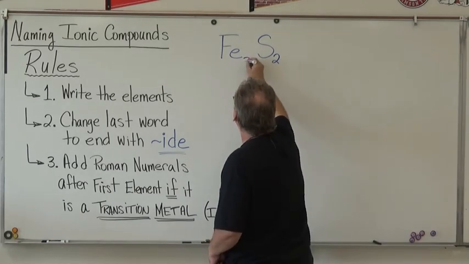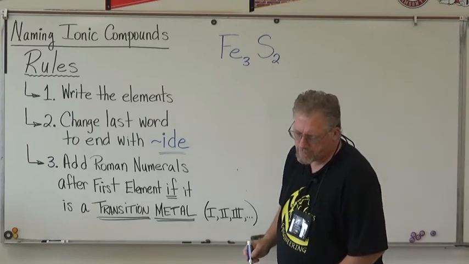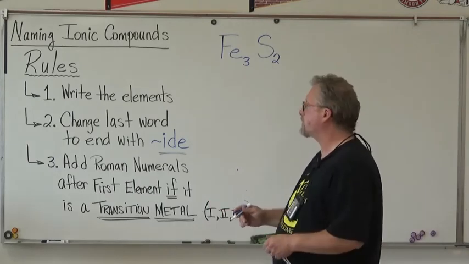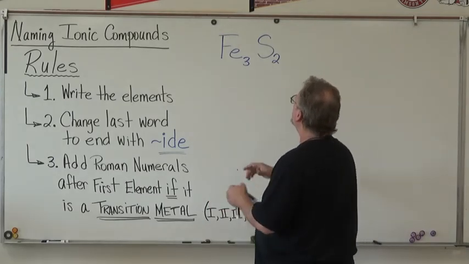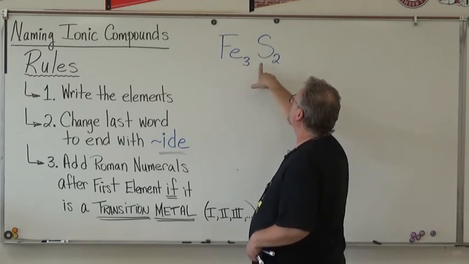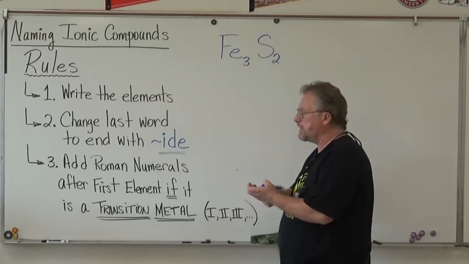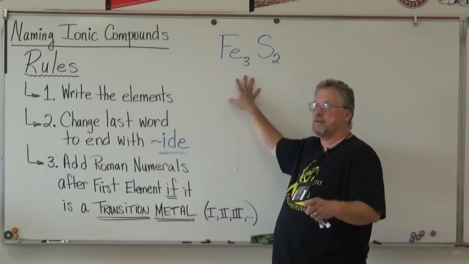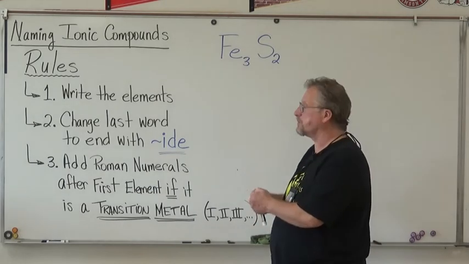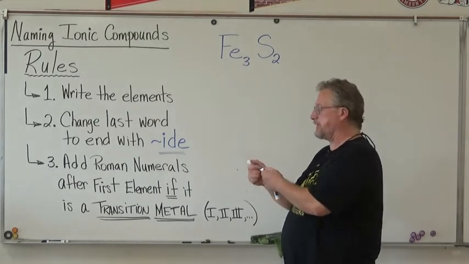My bad. That's not exactly correct. Let's just go for it for now. So we've got iron, there's 3, and sulfur, and there's 2. Okay? Now, if you actually go back and look at the ionic compound for that, you'll see I actually did that wrong. But we're just playing around with naming right now.